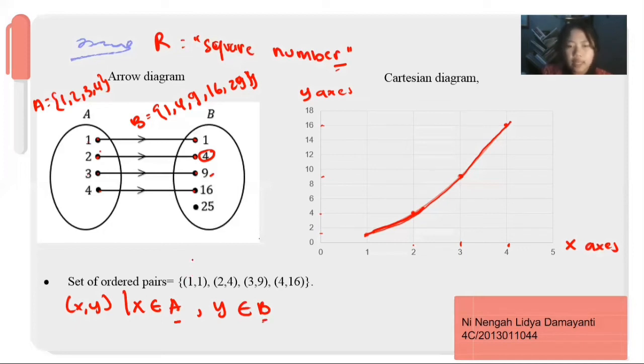This is the x element and this is the y element. So the conclusion, the set of ordered pairs in the same example is like this: (1, 1), (2, 4), (3, 9), and (4, 16).